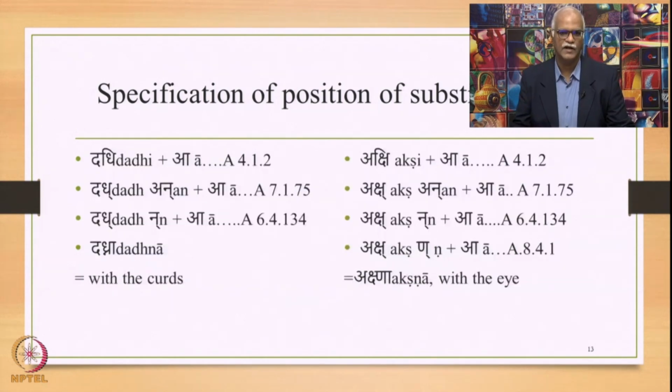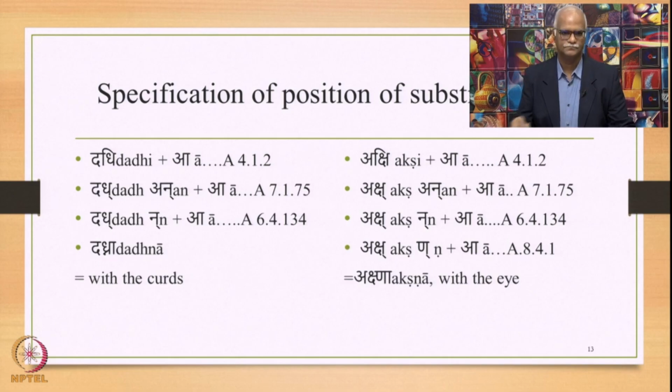So, now let us look at the examples. Here we have the word dadhi, to which the suffix a is added. This is the instrumental singular, the third case singular number. Similarly, akshi plus a, the third case singular, a suffix is added to akshi as well. Dadhi means curds, akshi means an eye.